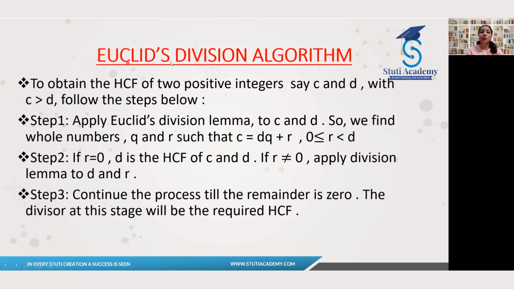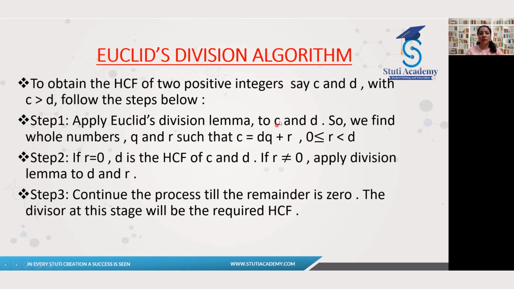Now let's talk about Euclid's division algorithm. In Euclid's division algorithm, we need to obtain the HCF of two positive integers. Let's say the positive integers are c and d, where c is strictly greater than d. Then how to go about it? Step 1 in this algorithm is we have to apply Euclid's division lemma to c and d so that we can find whole numbers q and r such that c = dq + r, 0 ≤ r < d.